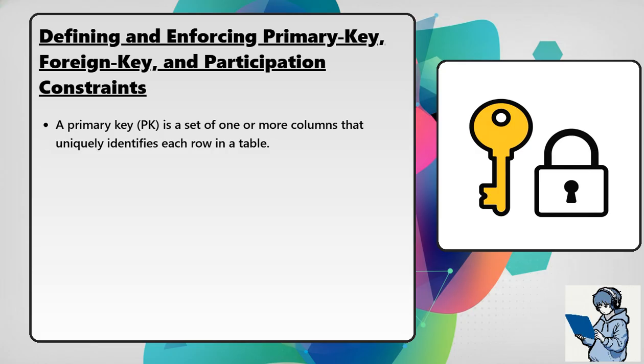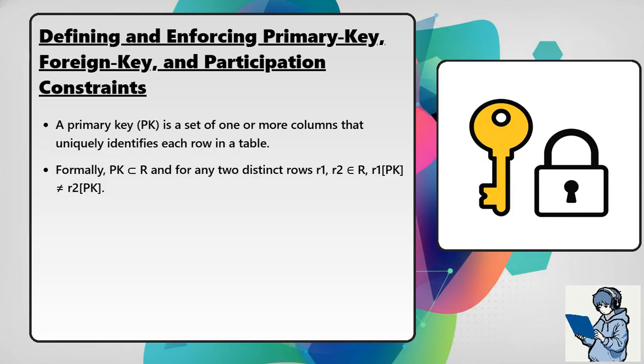Primary key (PK) is a set of one or more columns that uniquely identifies each row in a table. Formally, the primary key is a subset of the relation's attributes, and for any two distinct rows R1 and R2 in the relation, the primary key values of R1 are not equal to the primary key values of R2.